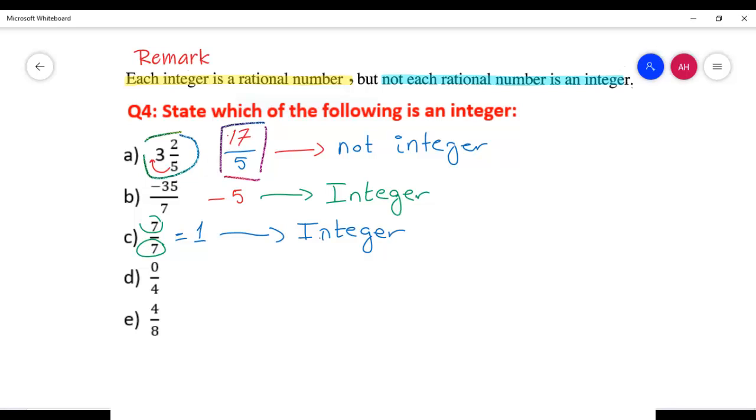Let's go for number D. Number D is 0 over 4. We said that when I have 0 as my numerator over any number, this is always going to be equal to 0. And yes, 0 is an integer.